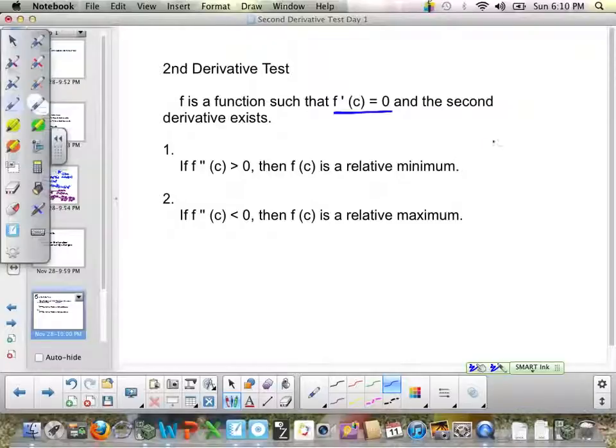Well, it's a minimum if it's at the bottom of something. What has a bottom? A cup has a bottom. So if it's concave up like a cup, you have a relative min when your first derivative is 0. If it's concave down like a frown, you have a maximum if your first derivative is 0. All right?